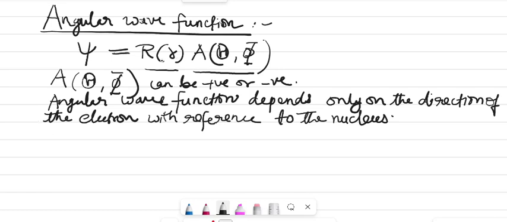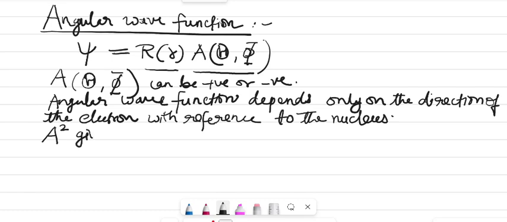And the radial wave function depended on the distance of the electron from the nucleus.